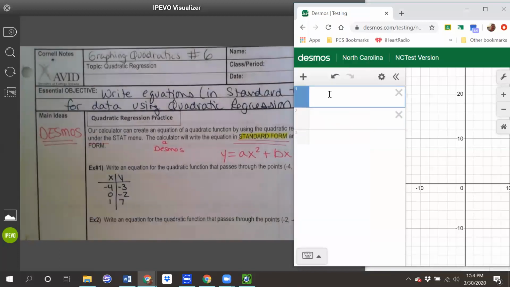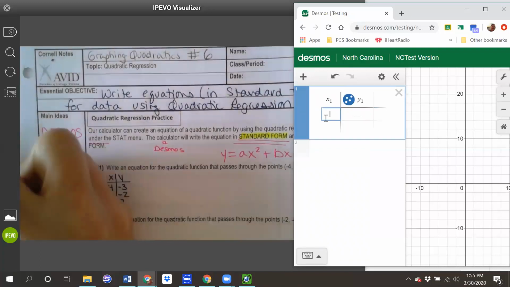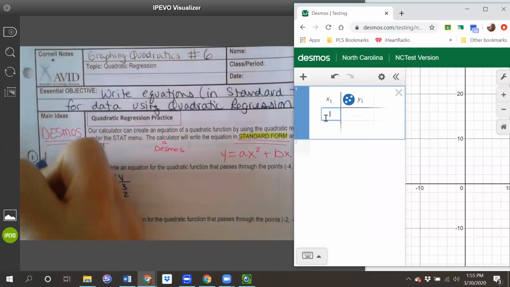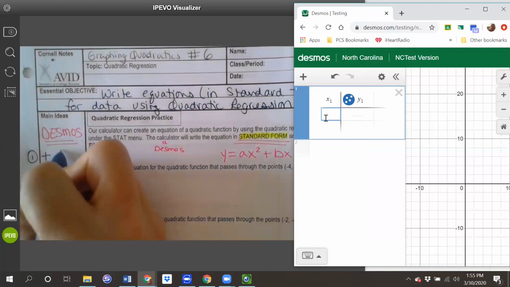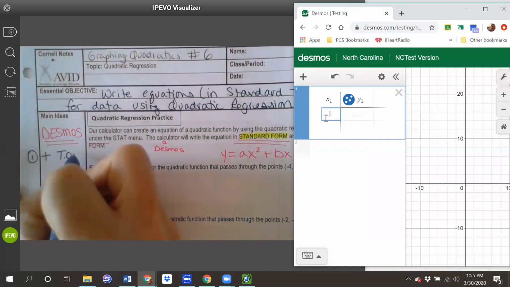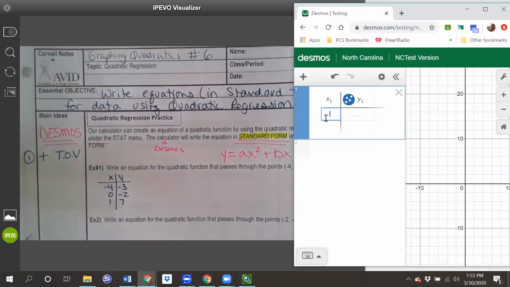I'm going to start with nothing here, and I am going to add not an expression, that's your equation, but a table of values. Step number 1, you hit the plus button, and then you select the table of values.